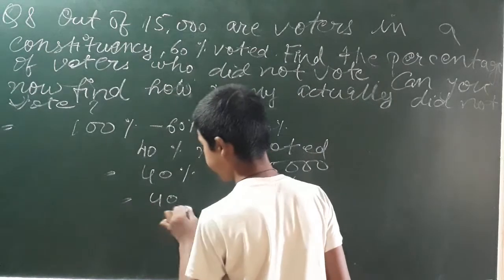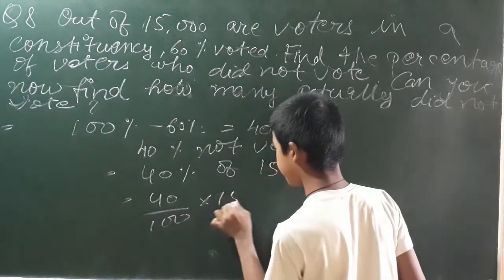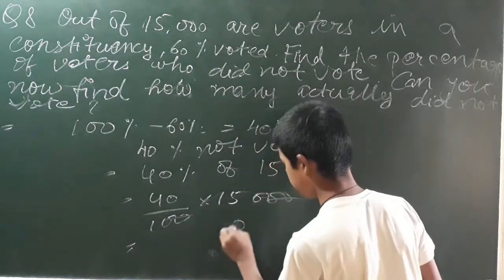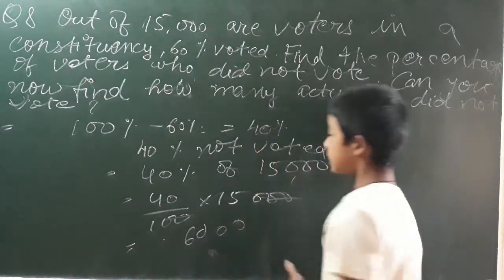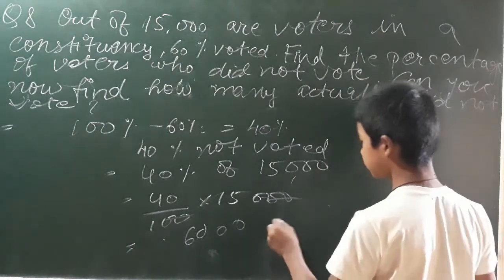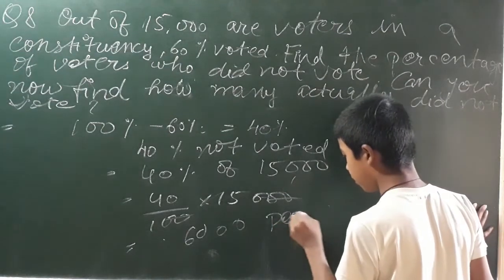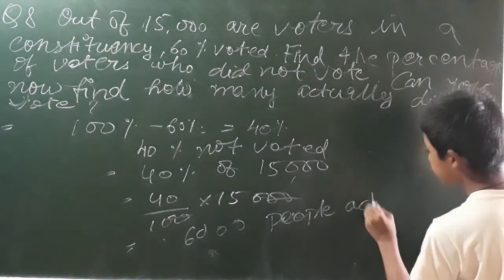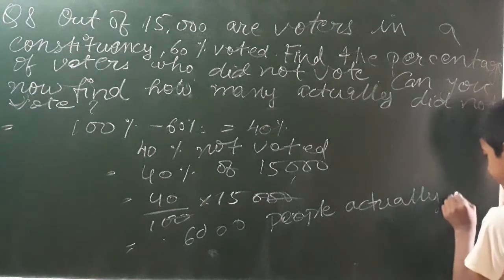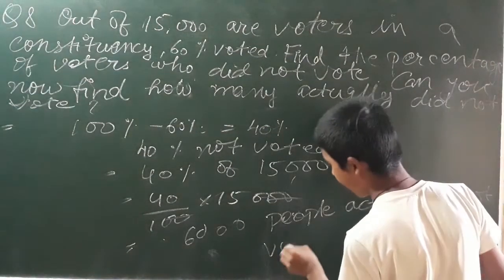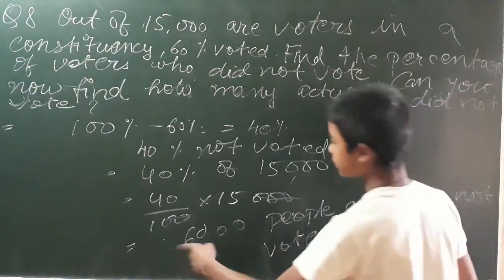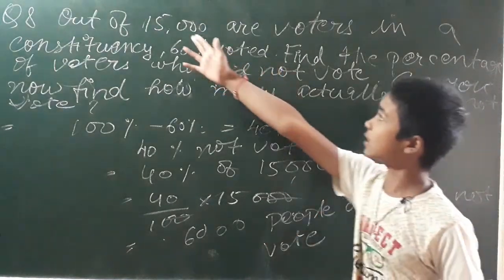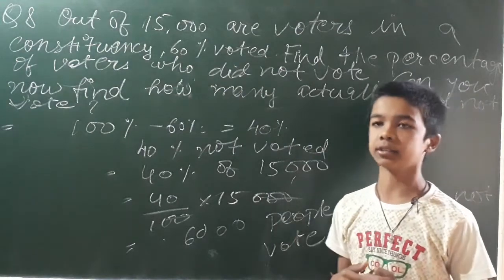Now 40 upon 100 multiplied by 50,000. These 0s cancel, and 4 times... 6,000 people actually did not vote. So this is the answer of the 8th number. 6,000 people did not vote, and the people who voted you can get by subtracting from 15,000, it will be 9,000.